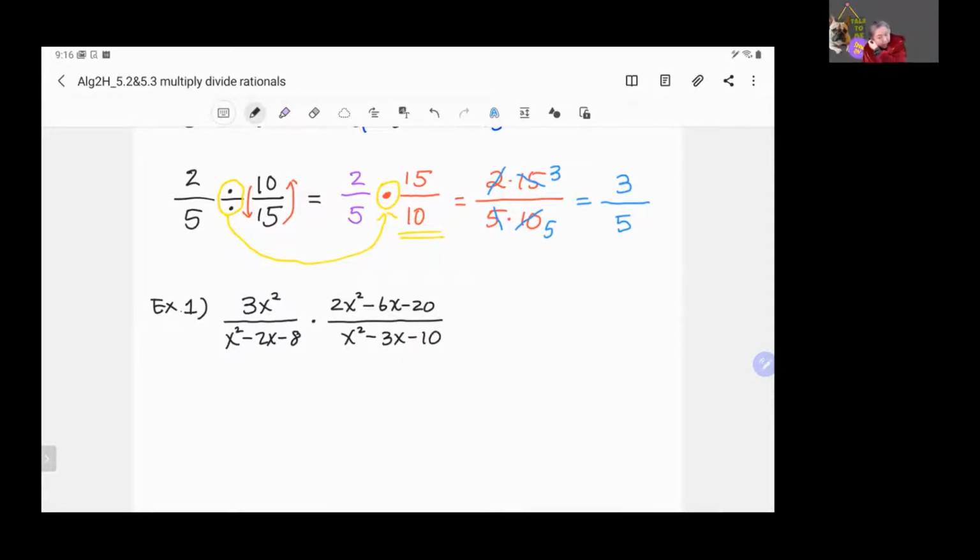Okay, now I have two separate rational expressions. The first one is 3x squared over x squared minus 2x minus 8, multiplied by numerator 2x squared minus 6x minus 20 over denominator x squared minus 3x minus 10.